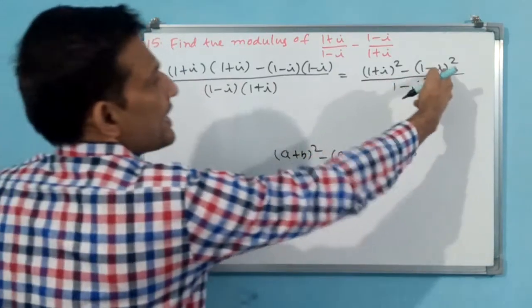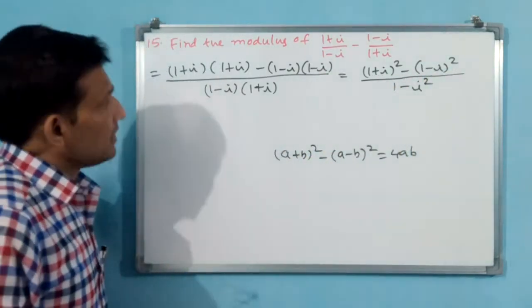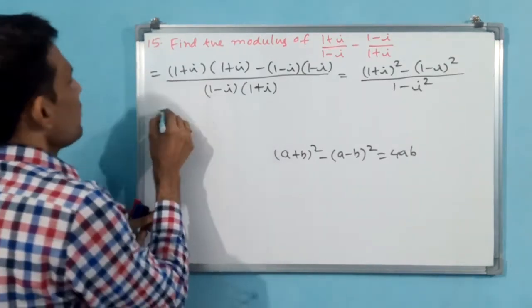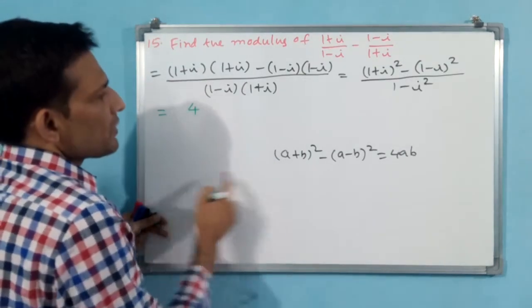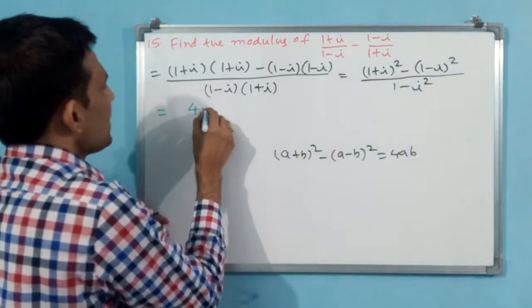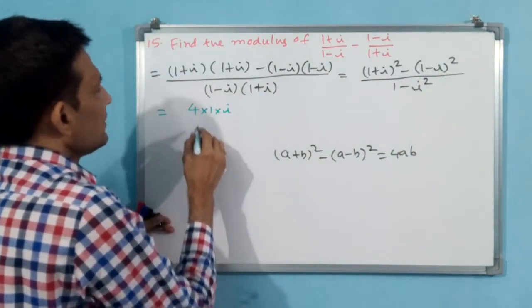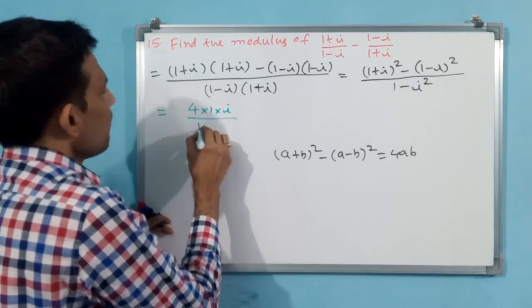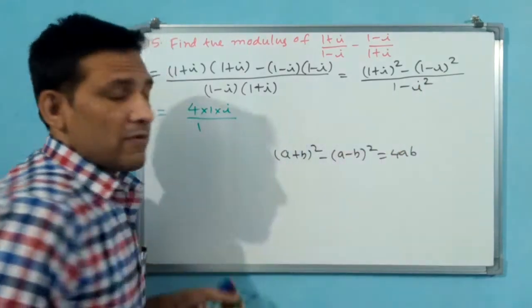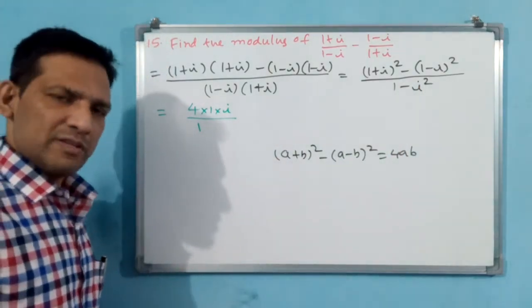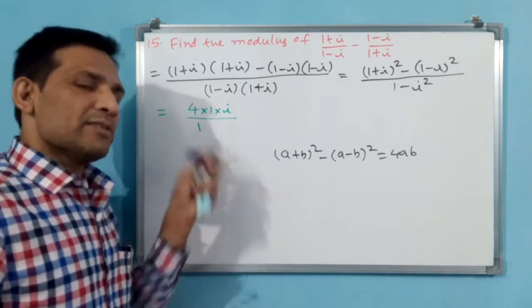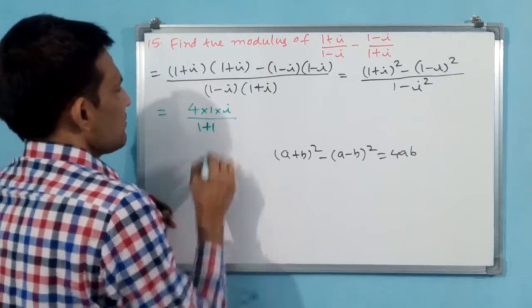Shall I write this as 4ab? How can you write 4ab? 4, a means 1 into 1, b means i into i, divided by 1 minus of i square. i square is minus 1. 1 minus of minus 1, 1 plus 1. Write down 1 plus 1.